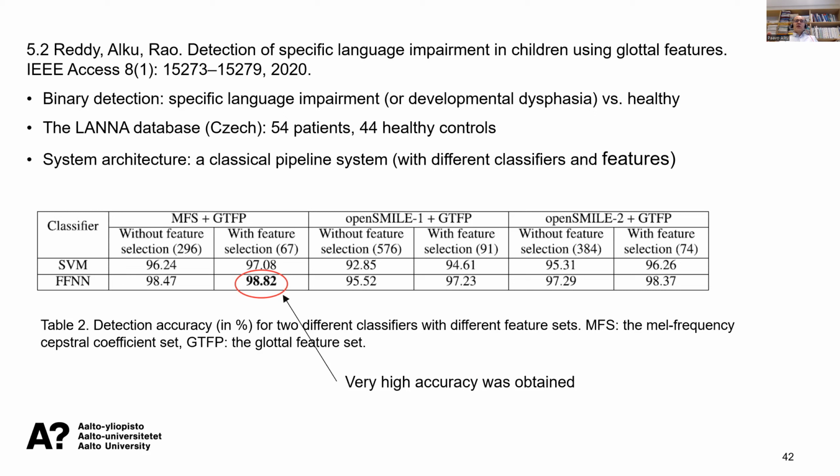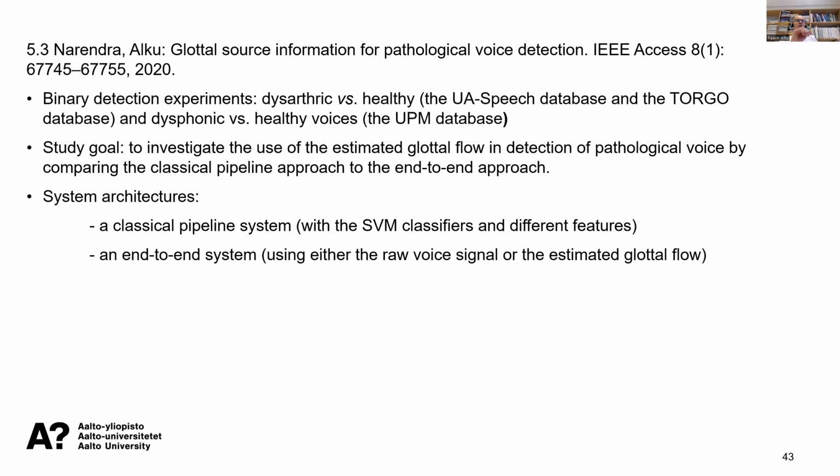But the underlying reason was very much based on the fact that there was a very large difference between the healthy sounds and the pathological ones, which were very pathological. Let's take a third example of our studies, and this was published again 3 years ago, and this was a little bit more complicated study because we compared different dimensions of the study area.